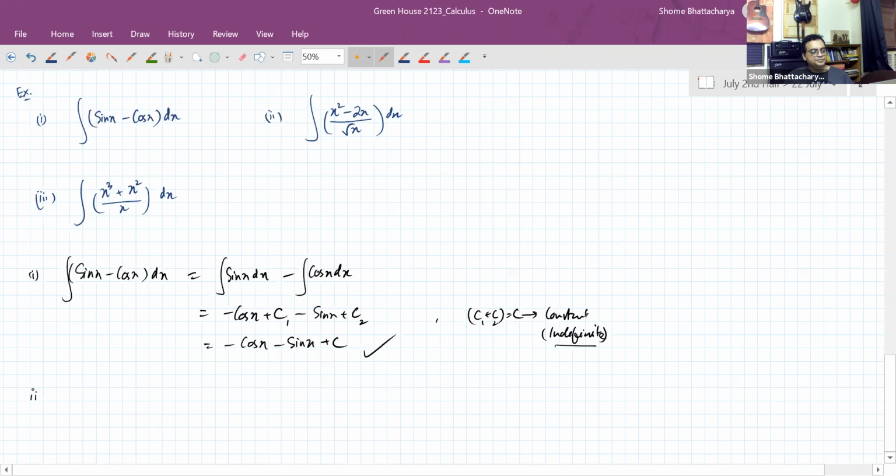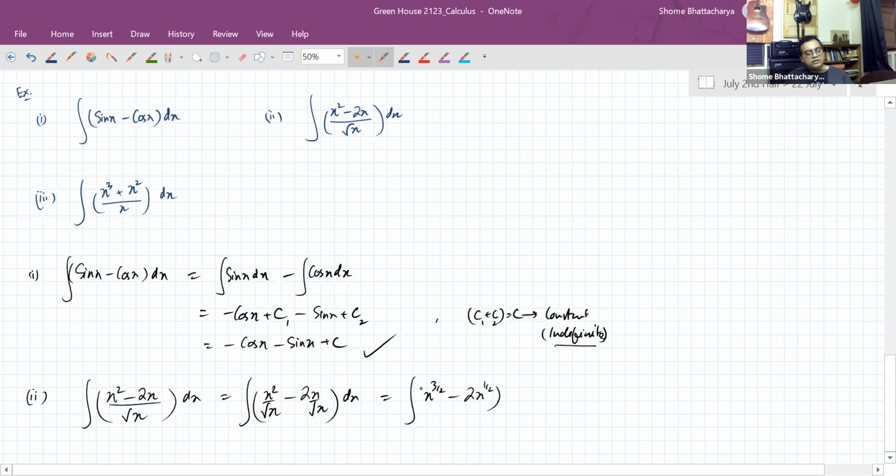Now the second one is a little bit more complicated because you have to simplify this expression first before you can do anything else. So you can write this as x squared by root x minus 2x by root x first, and then simplify it as x to the power 3 by 2 minus 2 times x to the power half.